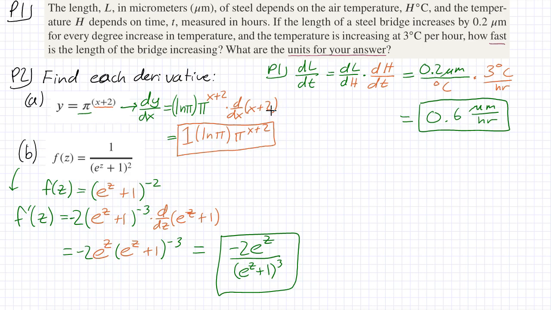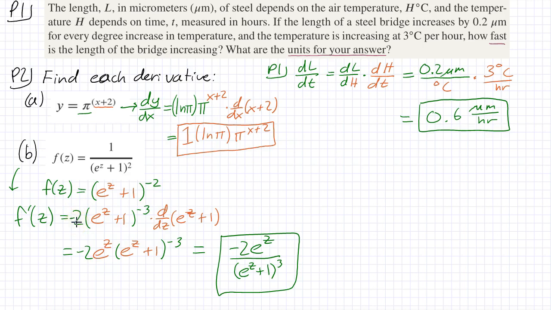And with the second one, the first thing to do, oh, I did this using the chain rule, but you could also do this using the quotient rule. You should get the same result, hopefully. But yeah, using the chain rule, I just wrote it as e to the z plus 1 to the power -2, and the -2 gets brought down.